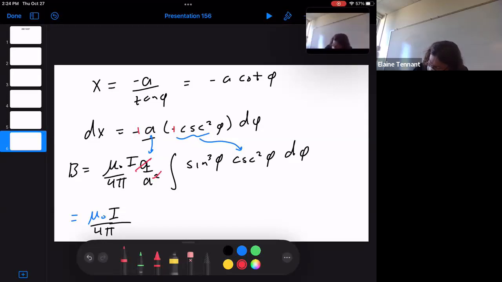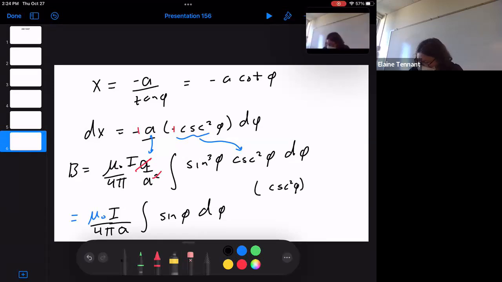One of those a's goes away. So a sine cubed over 1 over sine squared, that leaves me just a sine to the first power. And we can integrate this. This is a problem that we can now do.